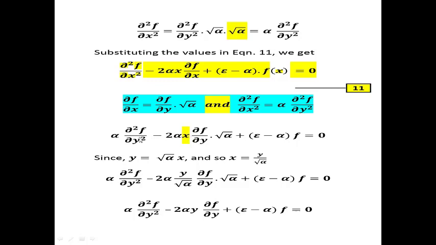If I notice this equation, all the terms are related to y, whereas only one term is available with respect to x. So now I replace this term with respect to y.